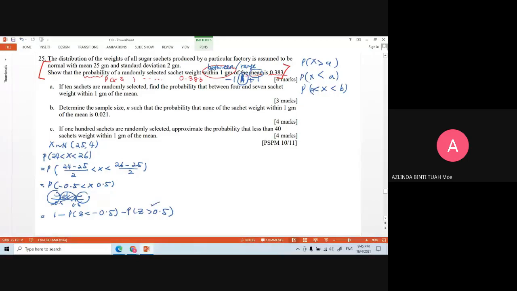Yang ini boleh proceed baca table, but the middle term dekat sini kena buat something, which is Z flat. So P(Z greater than 0.5). Okay, so from table Z greater than 0.5 is 0.3085.